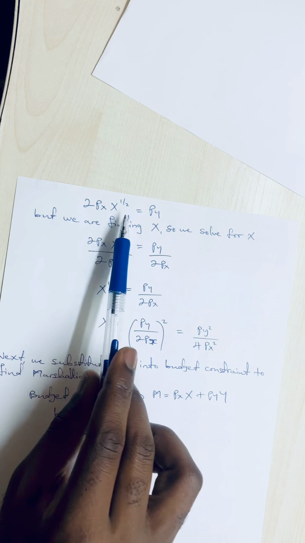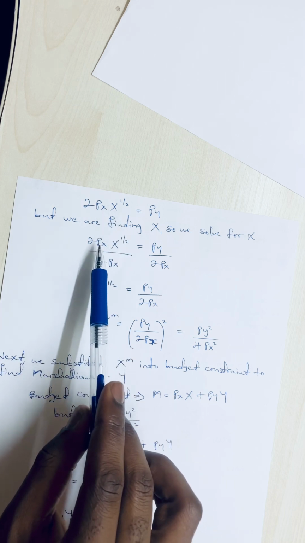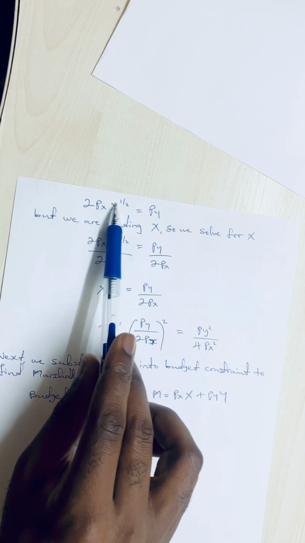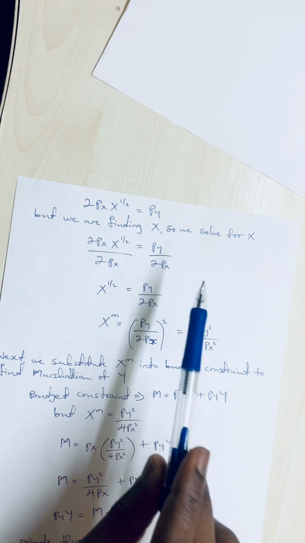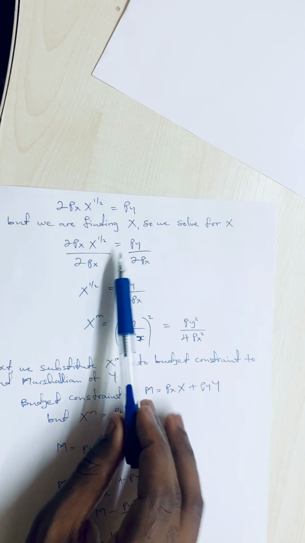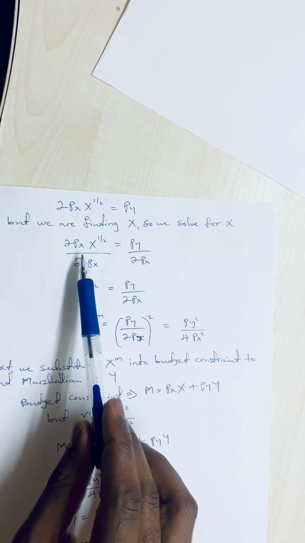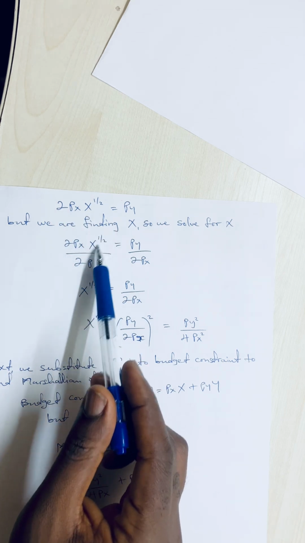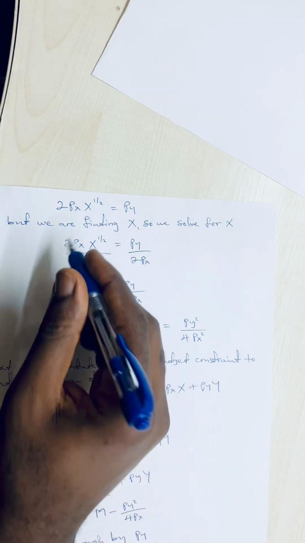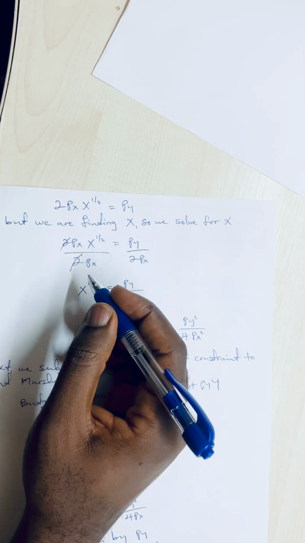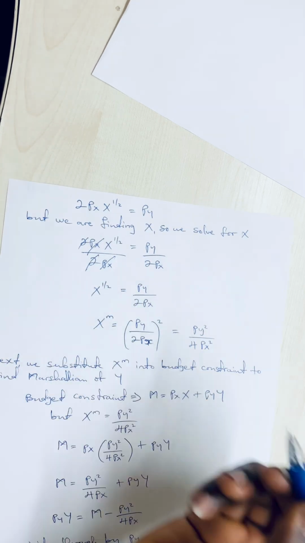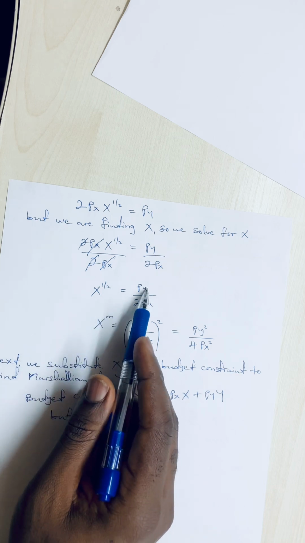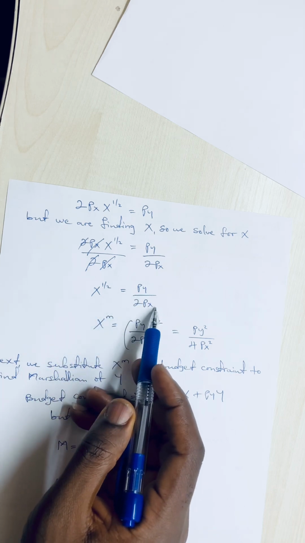Mind you, there is nothing like y anymore, so whatever function of x you have will be the Marshallian demand function for x, since there is no y anymore here. So you divide both sides by 2px. 2 cancels 2, px cancels px, so what remains is x^(1/2) equals py over 2px.